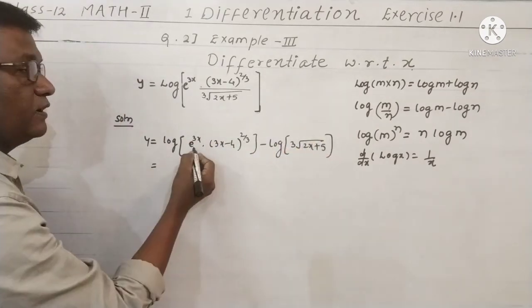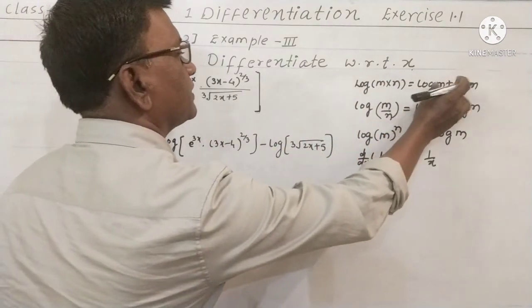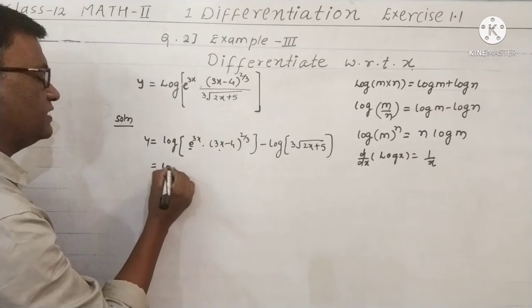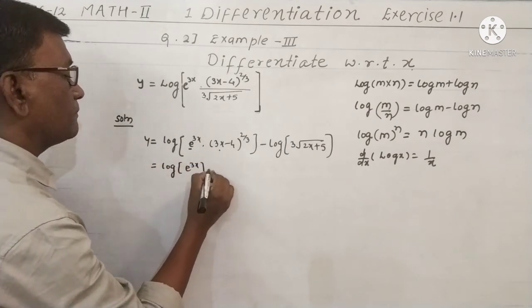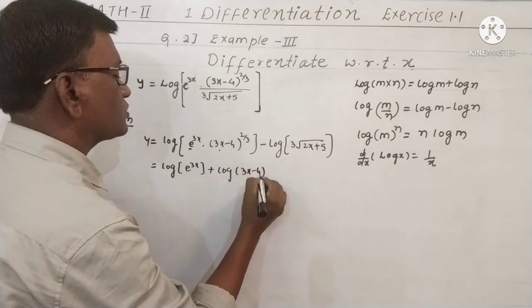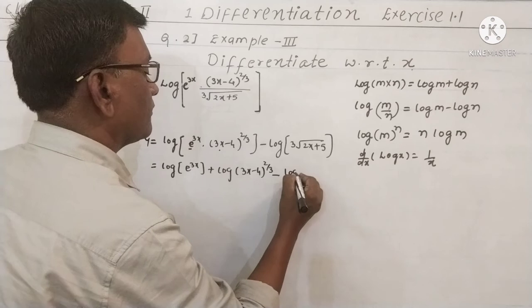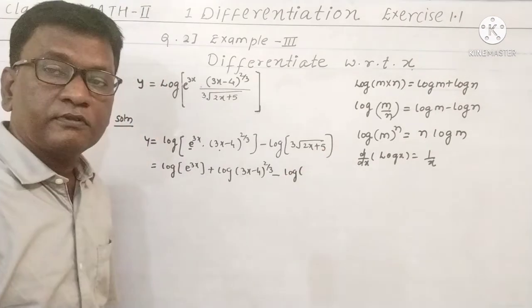Again, apply this formula m into n as log m plus log n. This is m, this is n. So we can write this as log of e raised to 3x plus log of (3x minus 4) raised to 2 by 3, minus log of this cube root of 2x plus 5.